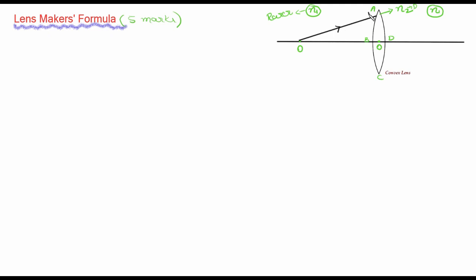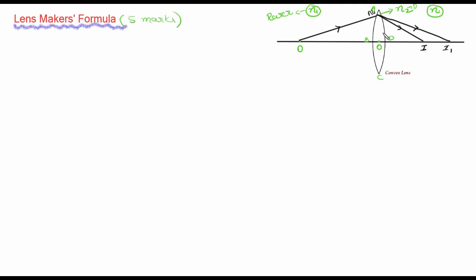It falls at N1. So from here there will be two images formed. This will be the first image I1 and another image which is the final image I. I'll tell you later how these images are formed exactly.